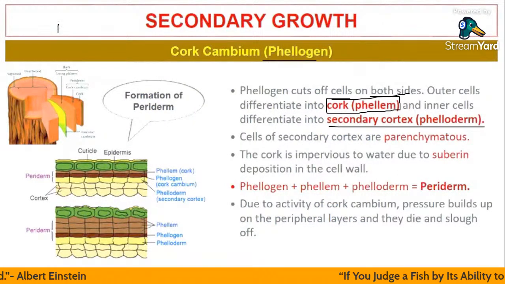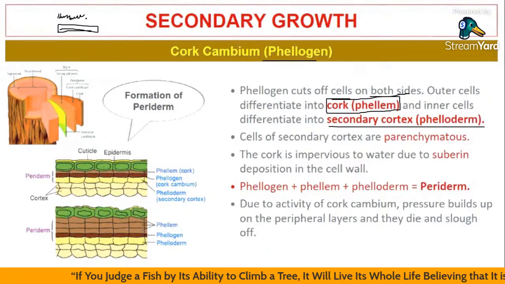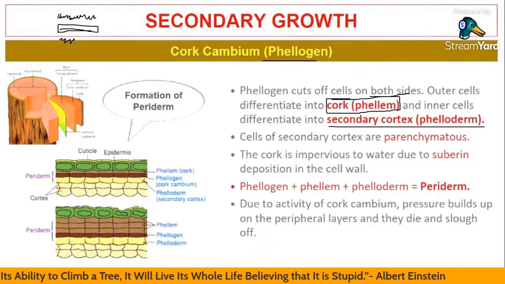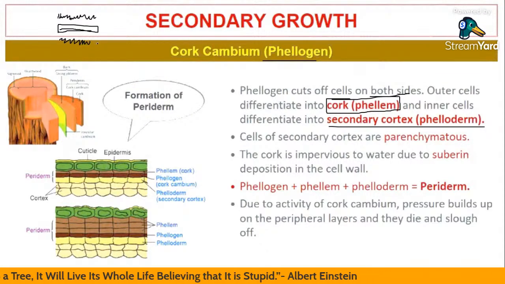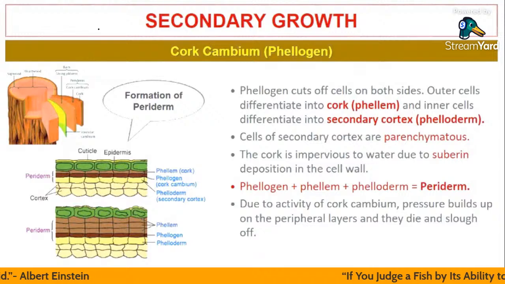Okay, suppose guys this is the phellogen. The phellogen will cut towards the outer side as the cork or the phellem and towards the inner side as the phelloderm or secondary cortex. I will just give you an idea about the same. Just write it down, everybody.